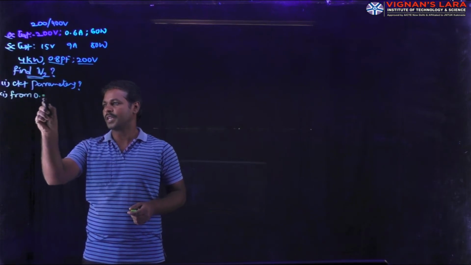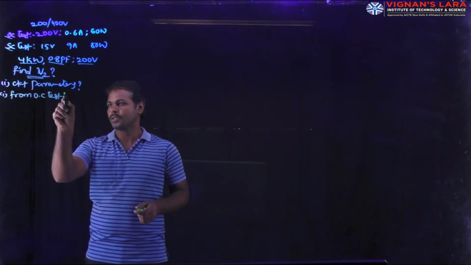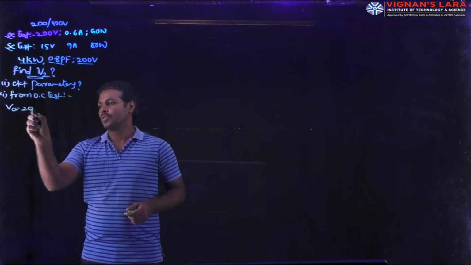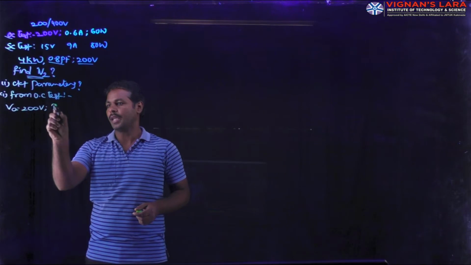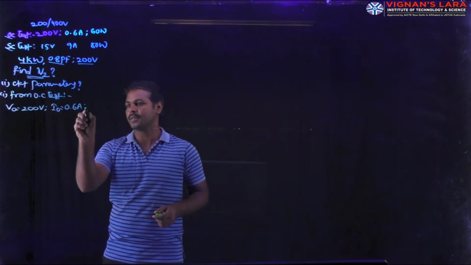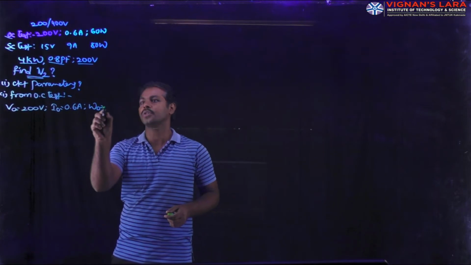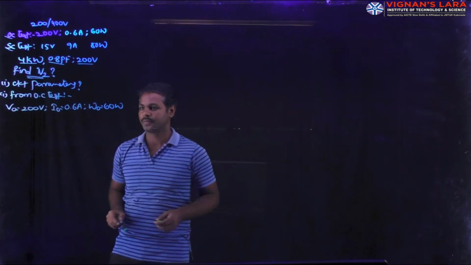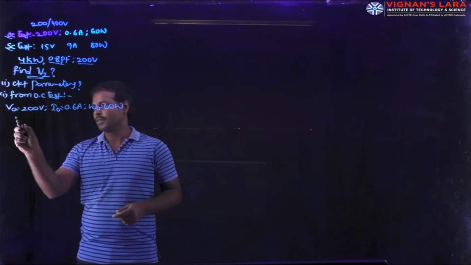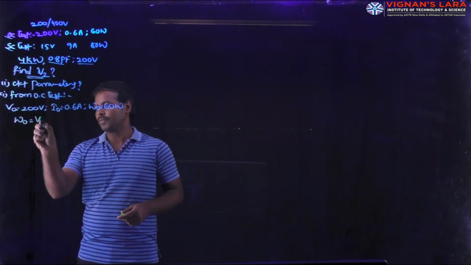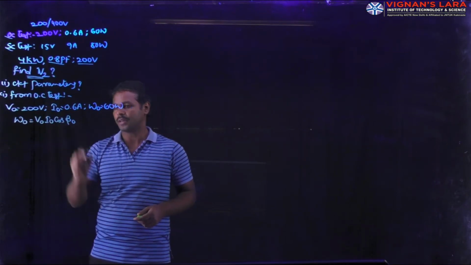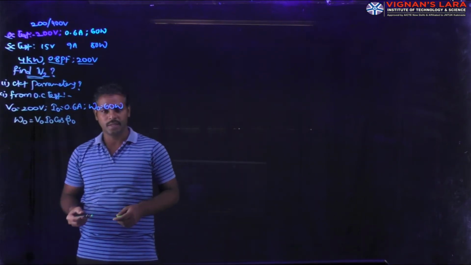First, from the open circuit test, V0 is equal to 200 volts, the no load current I0 is equal to 0.6 amperes, and W0 is equal to 60 watts. From the single phase equation, W0 is equal to V0 into I0 into cos phi naught, like P equals VI cos phi.